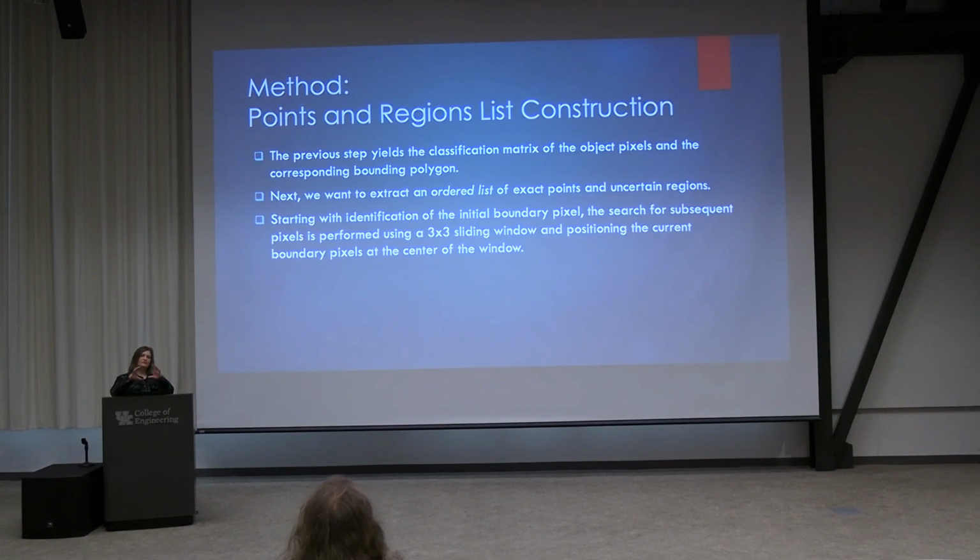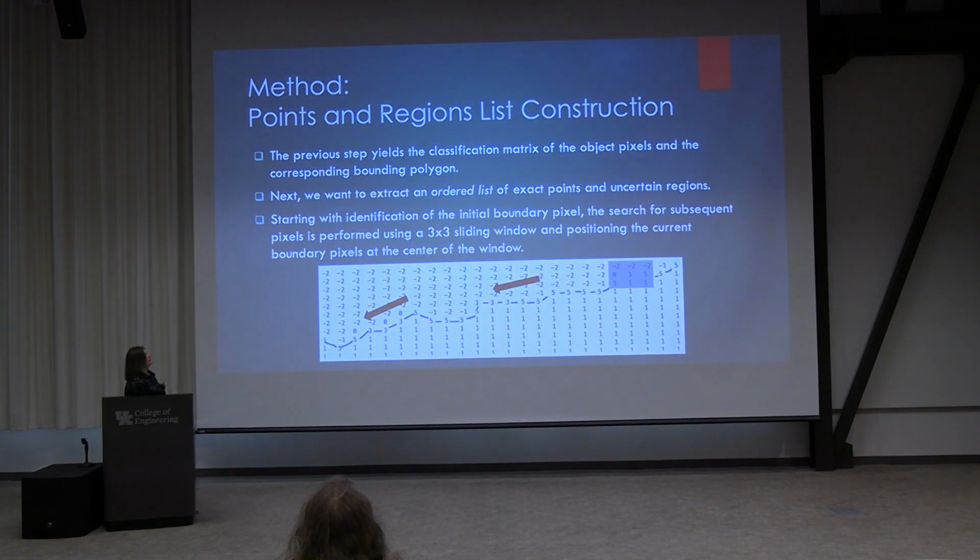We slide the window through the classification matrix, and we find the first edge pixel, which is identified by label 3. Then we follow those pixels along the edge by sliding the window along the edge and record all the pixels that way.